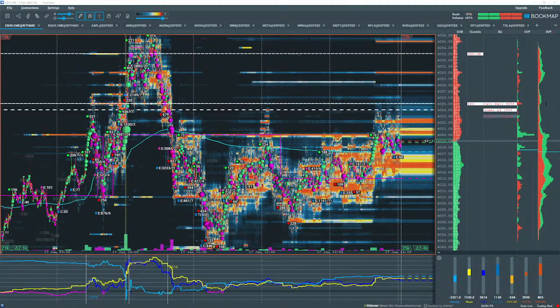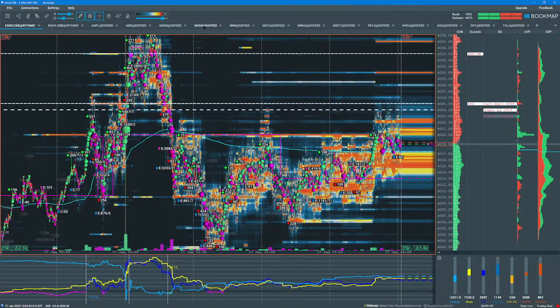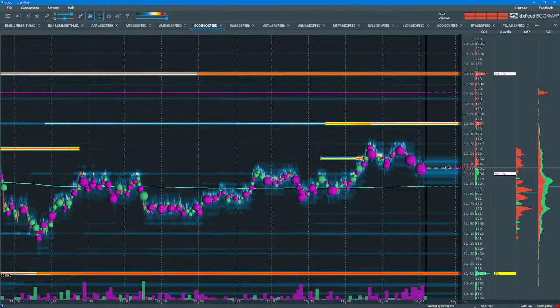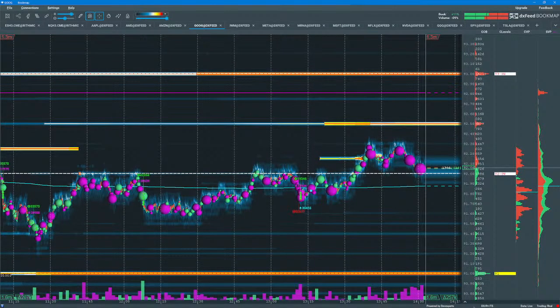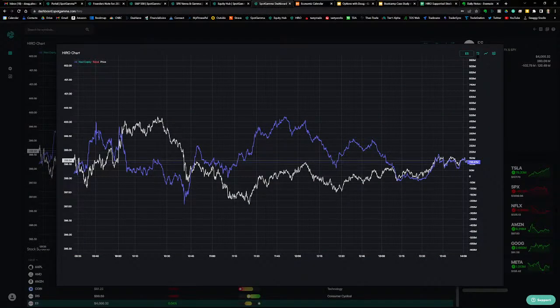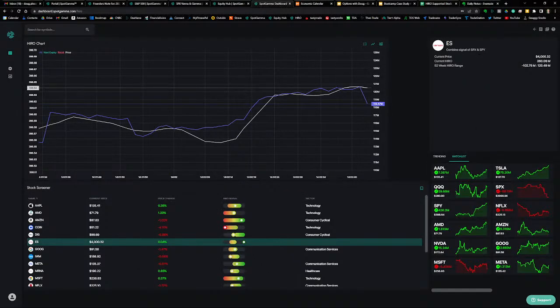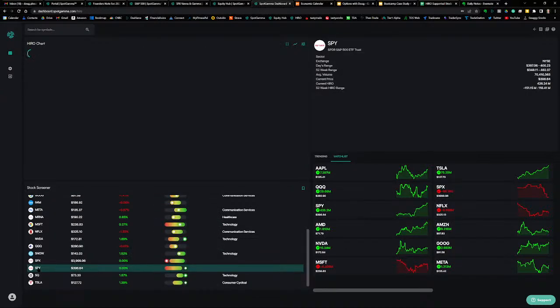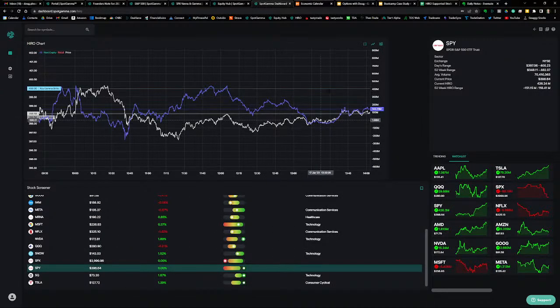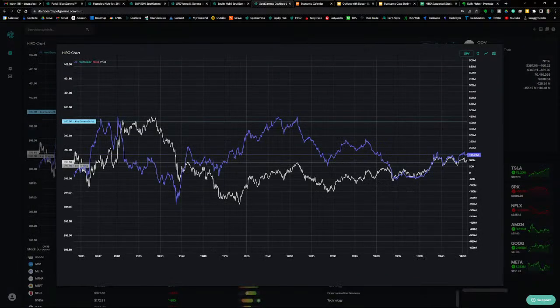All right, let's take a quick look at the next one, Google. Go to Hero. Actually, before I do that, let's go to SPY in Hero here, and you can see the similarity between SPY and ES. Same setup.